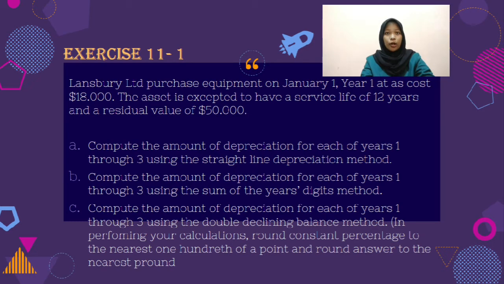B. Compute the amount of depreciation for each of year 1 through 3 using the sum of the year's digits method. C. Compute the amount of depreciation for each of year 1 through 3 using the double declining balance method. In performing your calculations, round constant percentage to the nearest 100th of a point and round answers to the nearest pound.